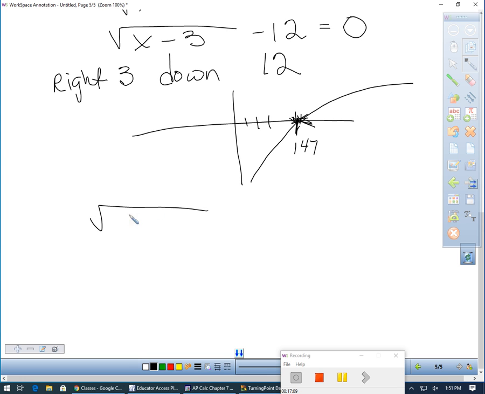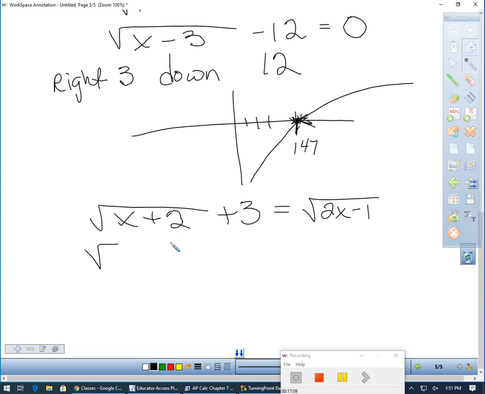The square root of x plus 2 plus 3 equals the square root of, how about, I don't know, 2x minus 1. What do you want to do? Well, we'll just subtract it out.